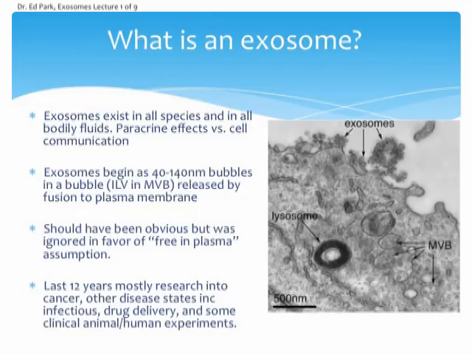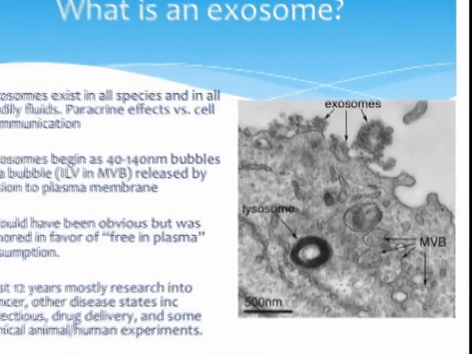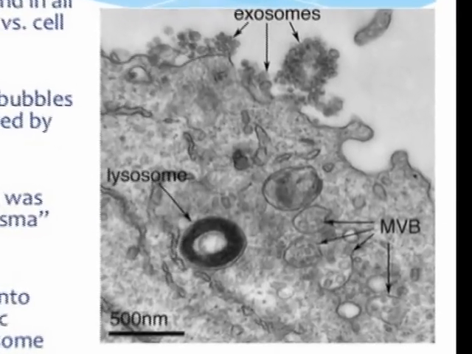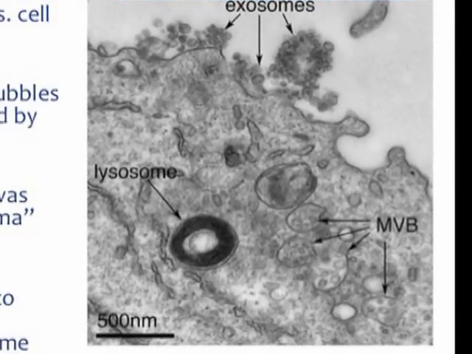Again, as I mentioned, they are 40 to 140 nanometers around, and as I also mentioned, they are in these ILVs, intraluminal vesicles, or multivesicular bodies. I think the best way to visualize this is to look to the picture, the scanning electron micrograph, and you see MVB with 4 arrows. That is a multivesicular body with the tiny exosomes in them.